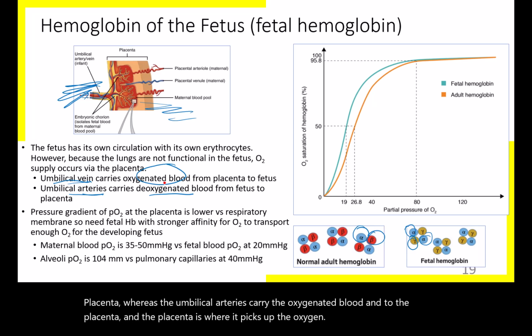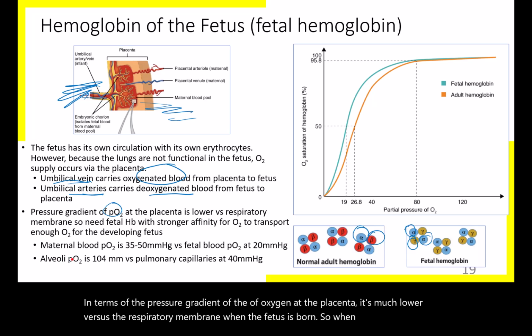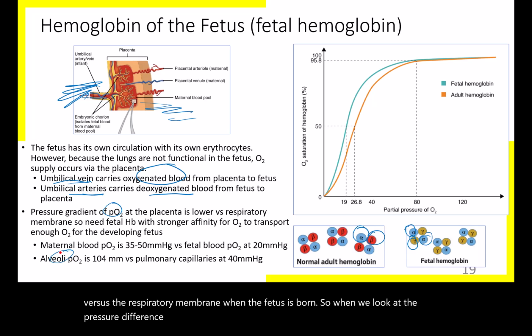In terms of the pressure gradient of oxygen, at the placenta it's much lower versus the respiratory membrane when the fetus is born. When we look at the pressure difference between the alveolar air and the pulmonary capillaries, it's 104 versus 40.